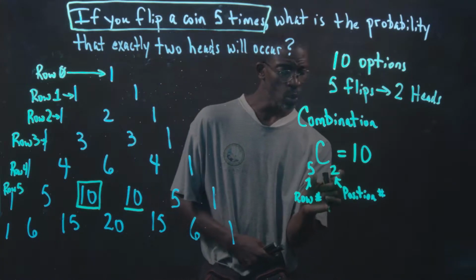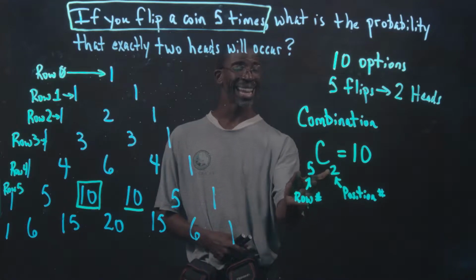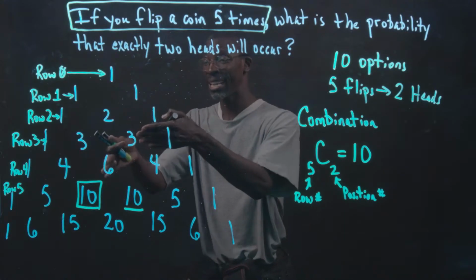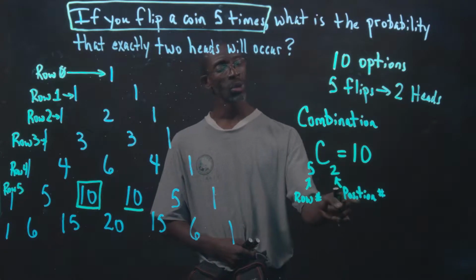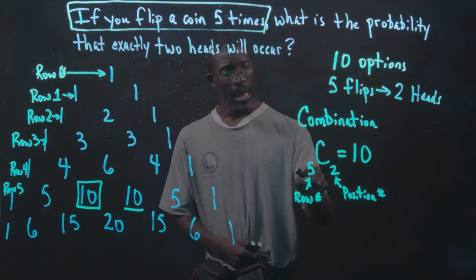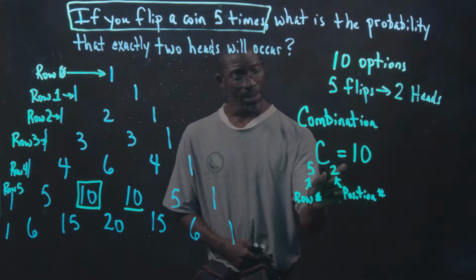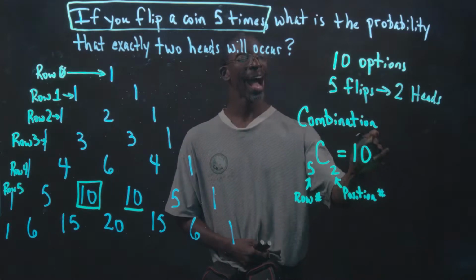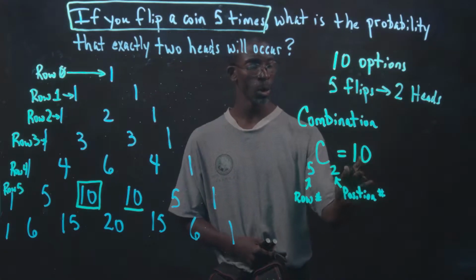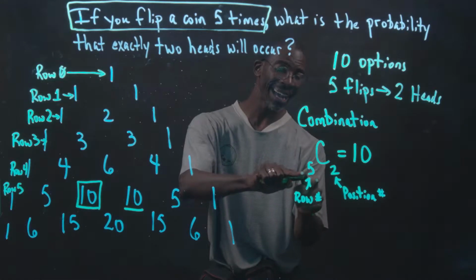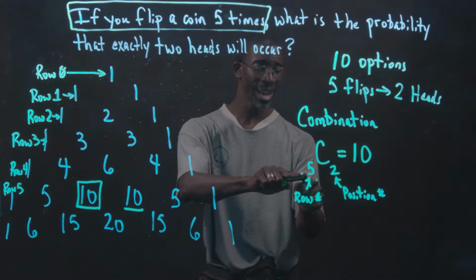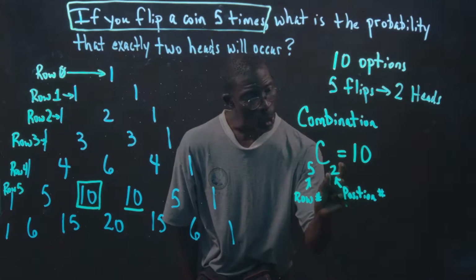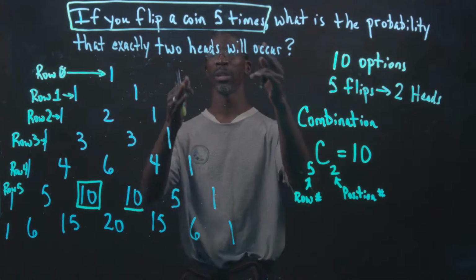So this writing format here is actually an address within Pascal's triangle. It tells you the row number and it tells you the position number. Row 5, position 2 will tell you how many options there are available if you had 5 items in your arrangement, in your sequence, in your chain, and you were only focusing on just 2 of them, like we're doing in this problem.